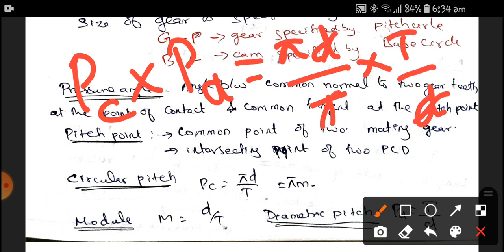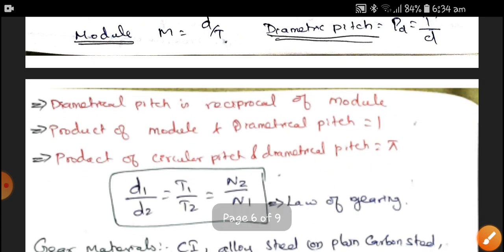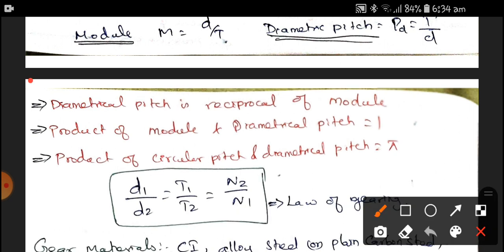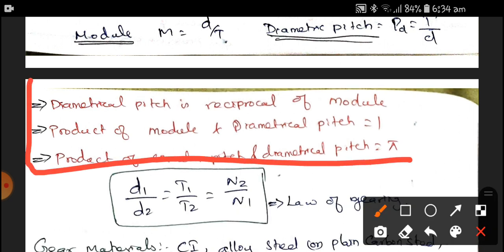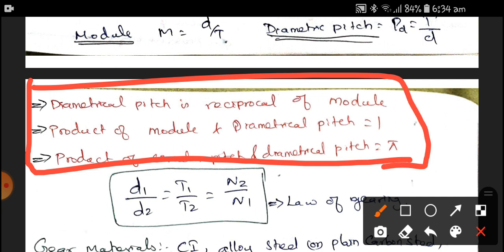If they get cancelled, what happens? It becomes pi. Therefore, the product of circular pitch and the diametrical pitch is pi. So this is the relation we have derived here.